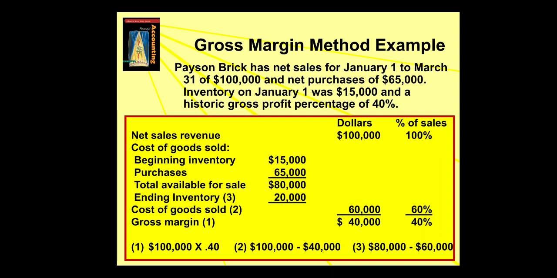Using this gross margin method, the business estimates. See in this example, Pesan Brick has net sales from 1st of January to March 31st of $100,000, and net purchases of $65,000. Inventory on January 1st was $15,000, and a historic gross profit percentage of 40%.